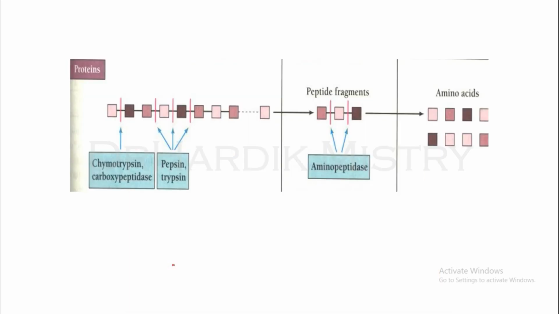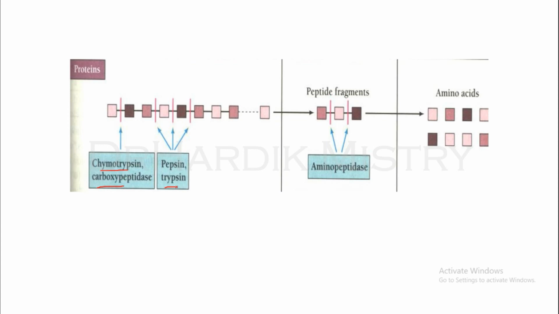We have different types of enzymes for protein digestion, and these enzymes have their effect on different protein sources. Here, chymotrypsin and carboxypeptidase release the end amino acids in a polypeptide chain, whereas pepsin and trypsin are the enzymes which break down the polypeptide chain in between.